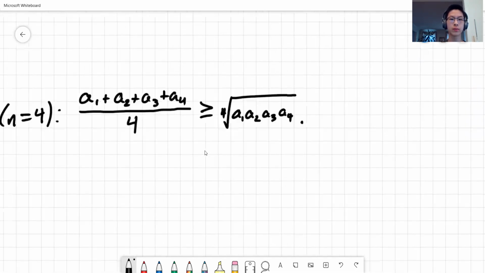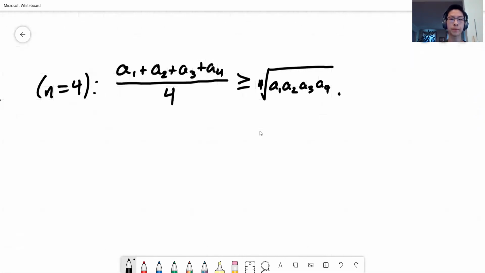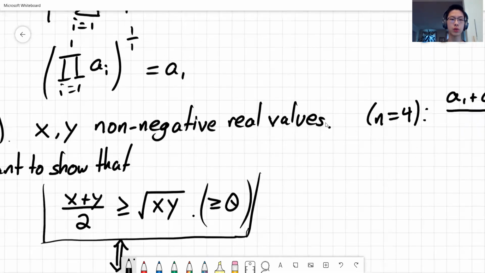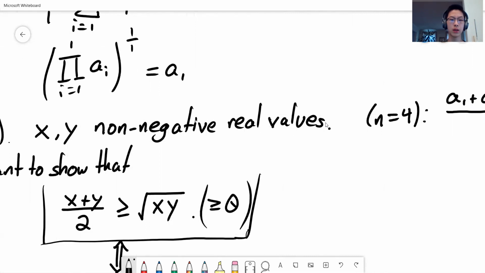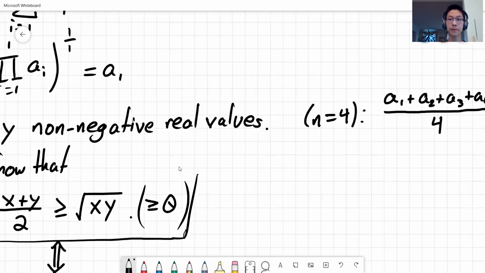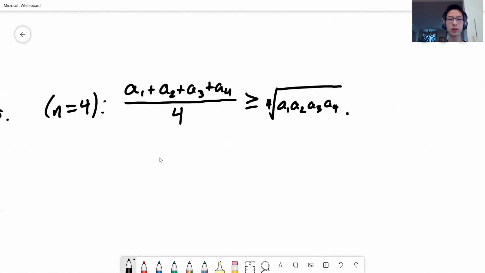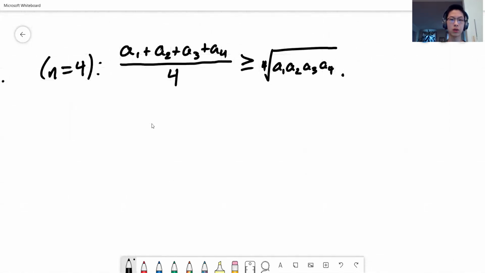So what do we do? Well, here's what we can do. We're going to use this specific case, right? So what this side is, a sub 1 plus a sub 2 plus a sub 3 plus a sub 4 over 4.